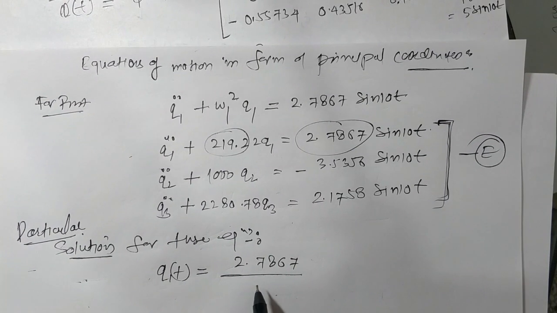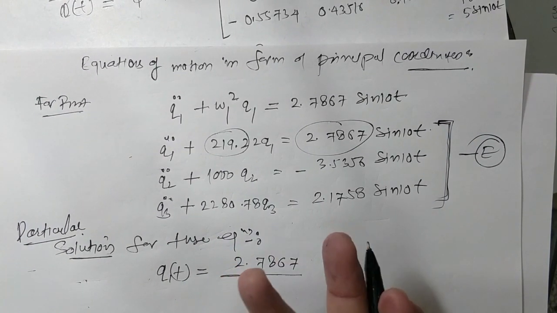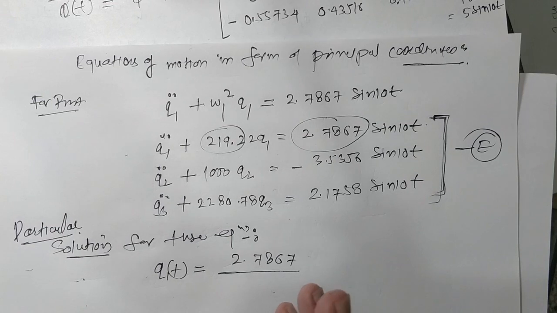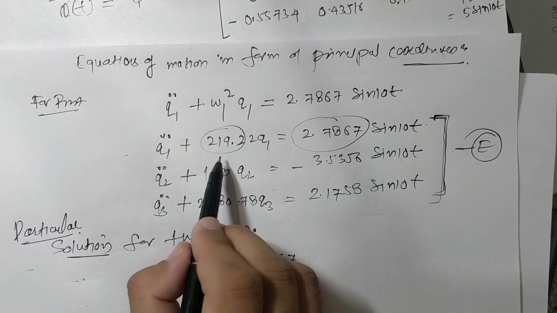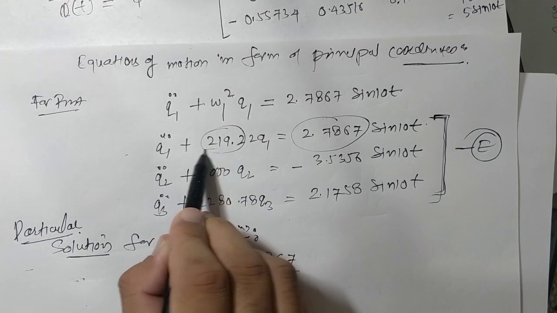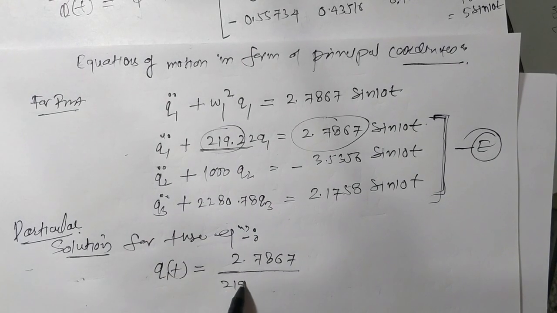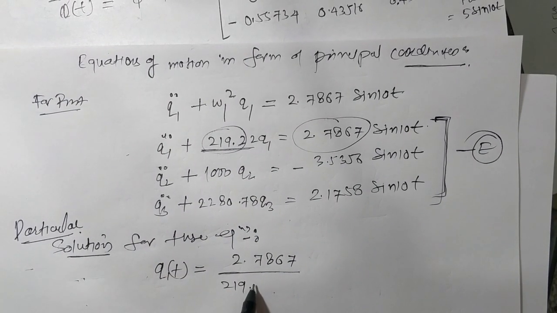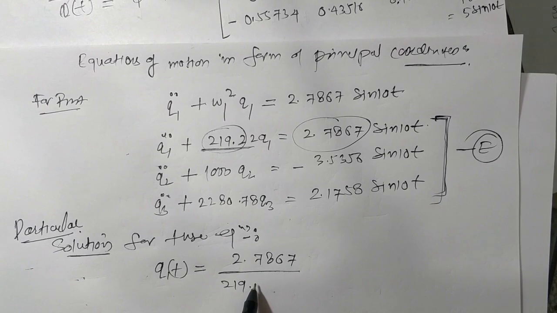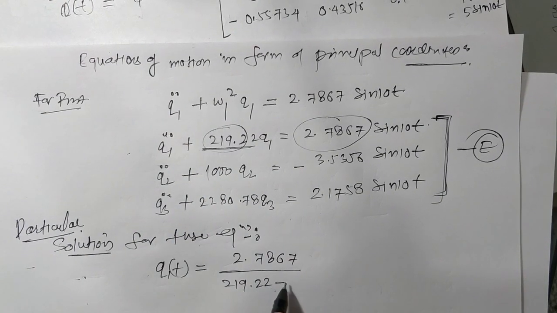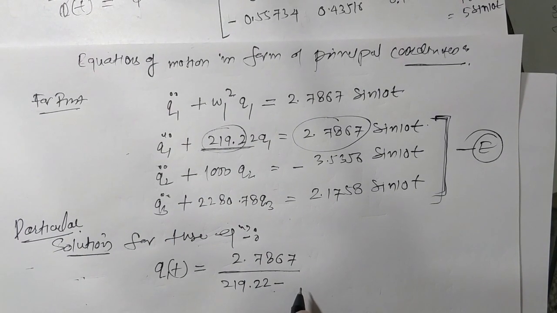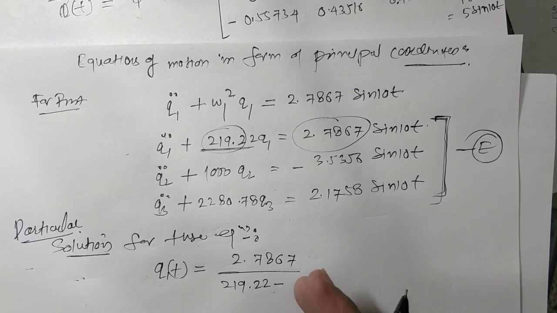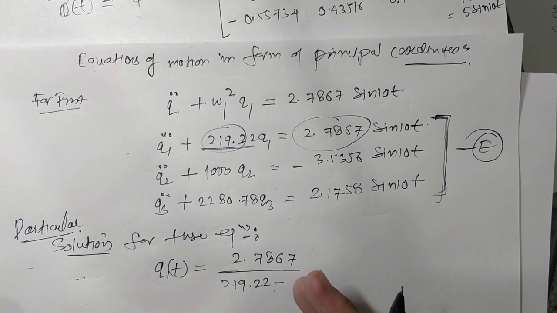K1 is omega 1 square, because we know that we are talking about the modal matrix, and omega 1 square we have already found out, so this is 219.22. So we can put these values here: 219.22 minus m omega square, and in the modal matrix m1 is 1 only, and omega is the excitation frequency.